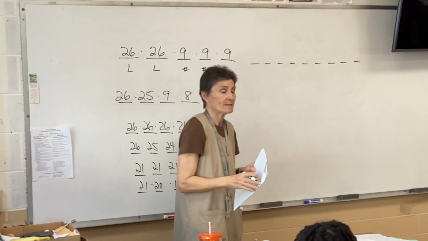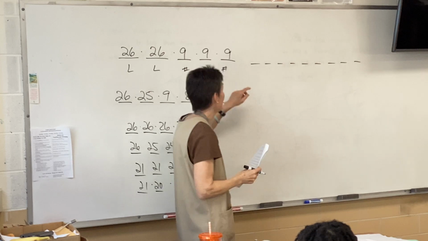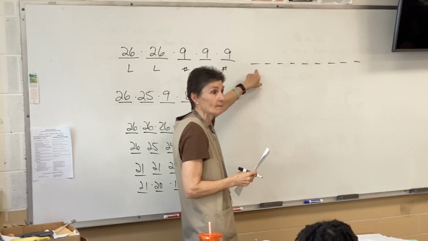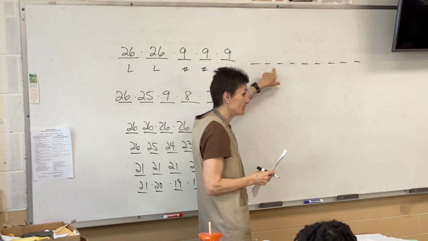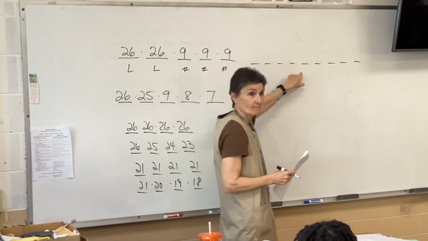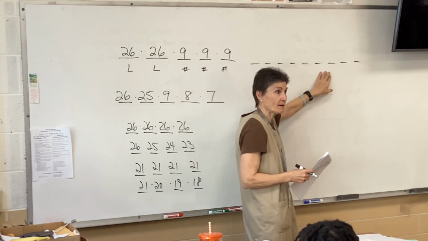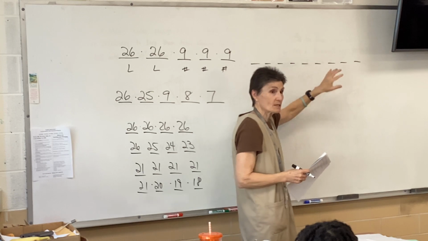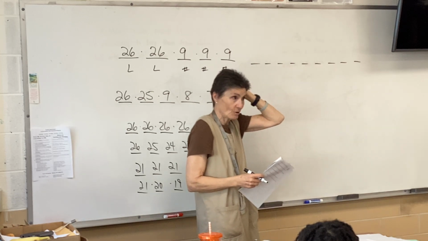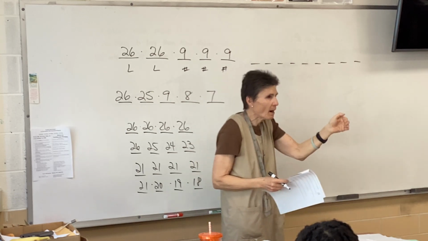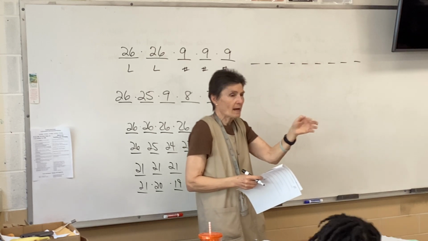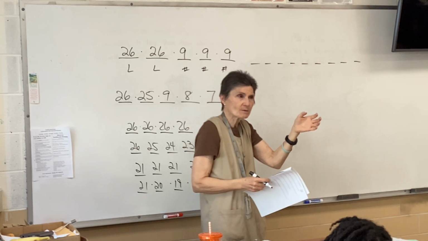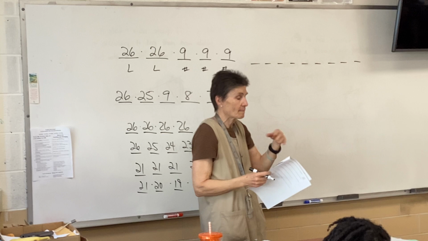How many different ways can I fill this out? How many choices do I have to bat first? 9, and then 8. Wouldn't this just be 9 factorial? Because when I do a batting order, aren't I really just lining them up? And how many ways can I line up 9 players? 9 factorial ways.